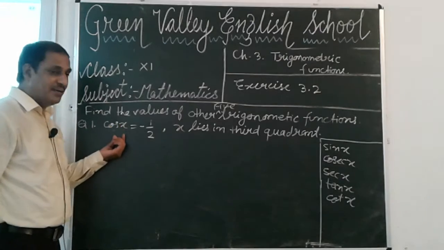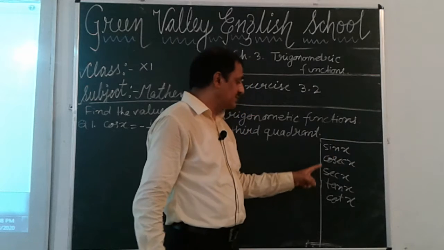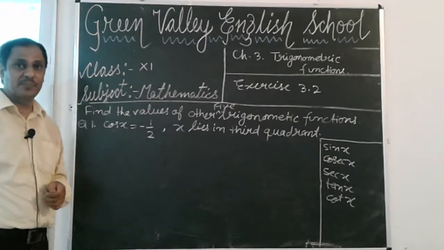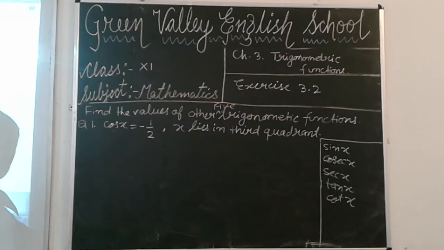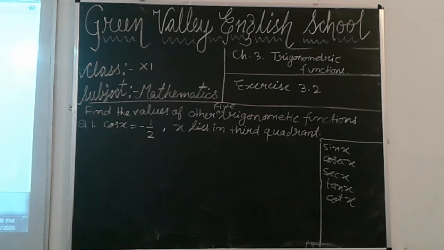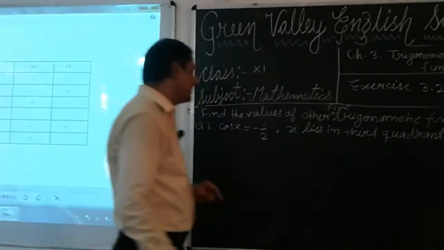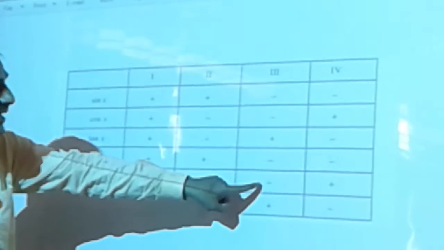The value of cos x is given. Here I am going to find the value of sin x, cosec x, sec x, tan x and cot x with the help of cos x equal to minus 1 by 2. As you know, the sign of sin x in the third quadrant is negative, the sign of cosec x is negative, and the sign of sec x in the third quadrant is also negative.